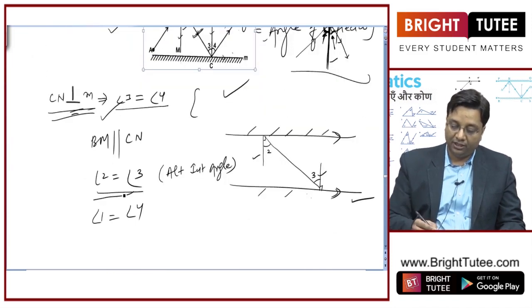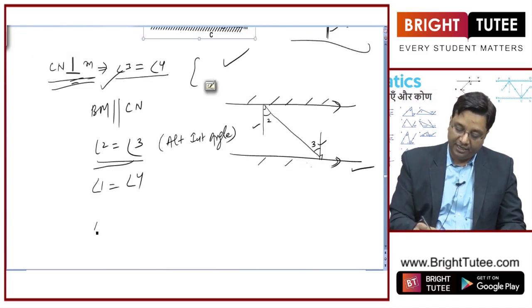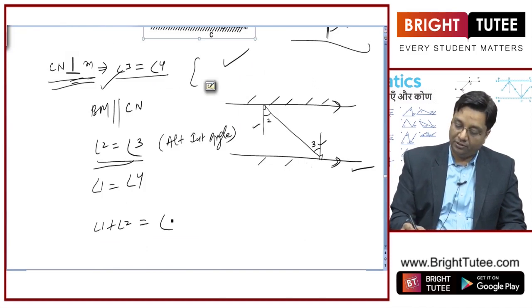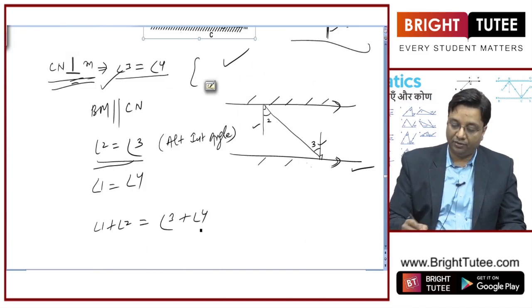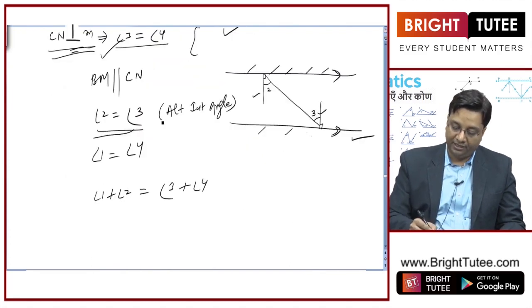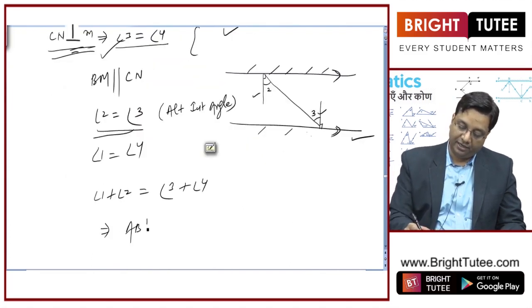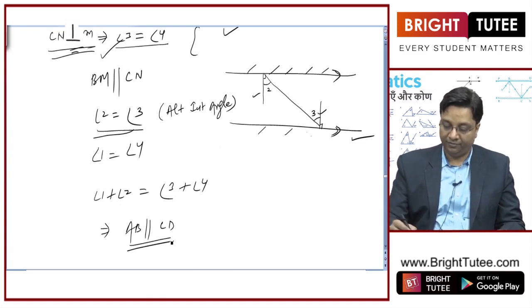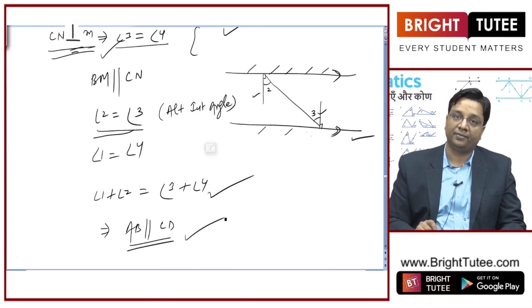So, using all this, we can say angle 1 plus angle 2 is equal to angle 3 plus angle 4, which are the alternate interior angles for these two lines AB and CD. Hence, AB is parallel to CD. Why? Because alternate interior angles are equal, hence these lines are parallel.